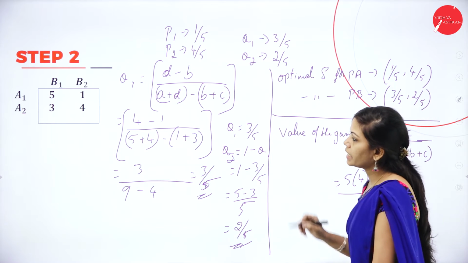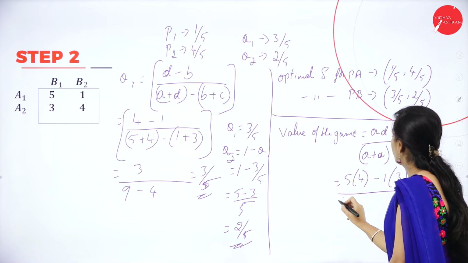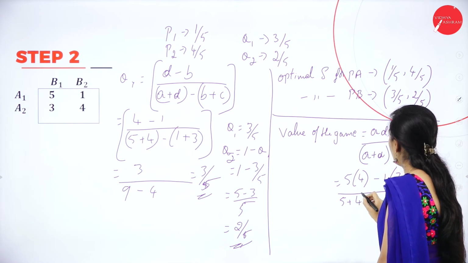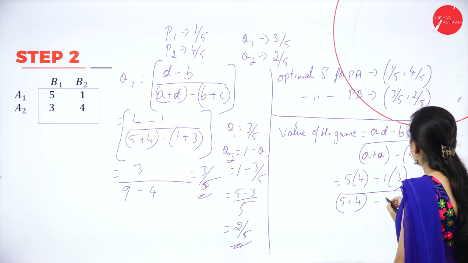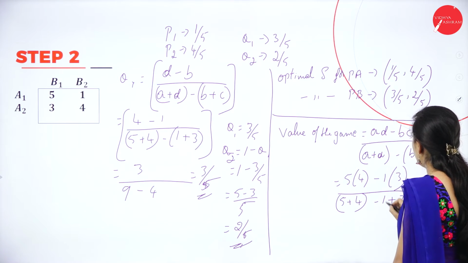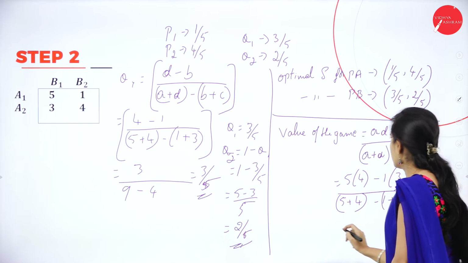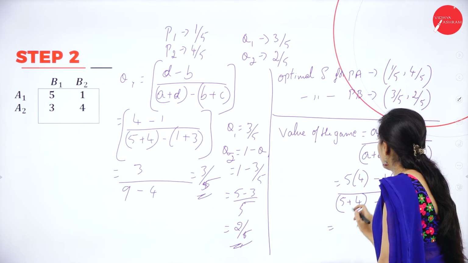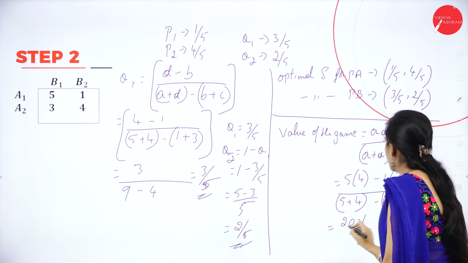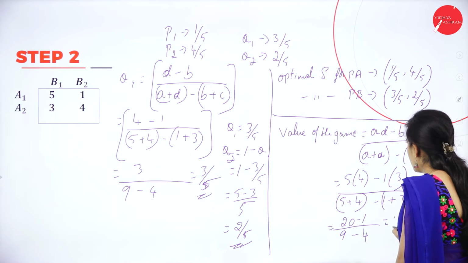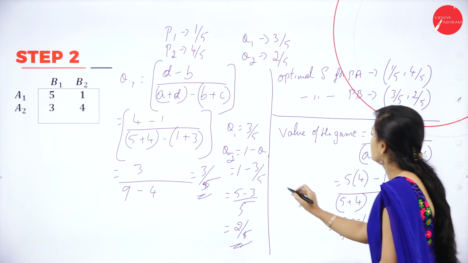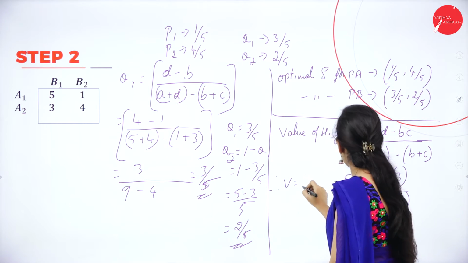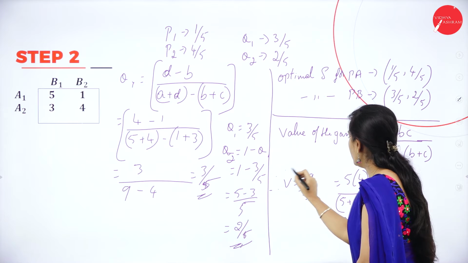So what is A plus D? A plus D is 5 plus 4 minus 1 plus 3. B value is 1, C value is 3. So 5 into 4 is 20 minus 1 by 9 minus 4. So it is 19 divided by 5. Therefore, V is equal to 19 divided by 5.